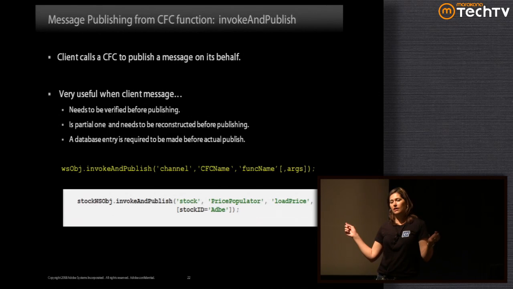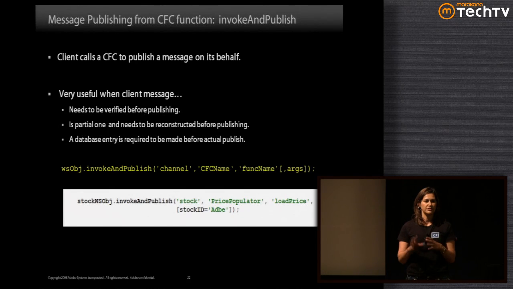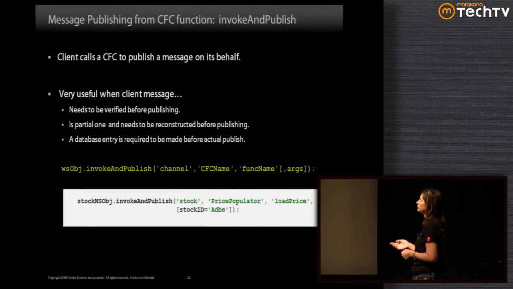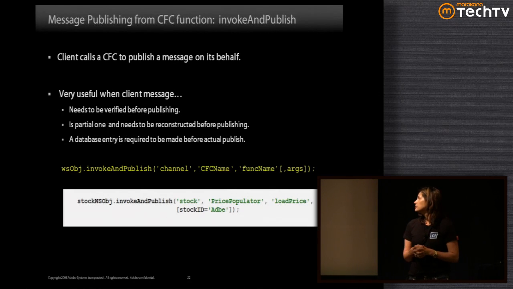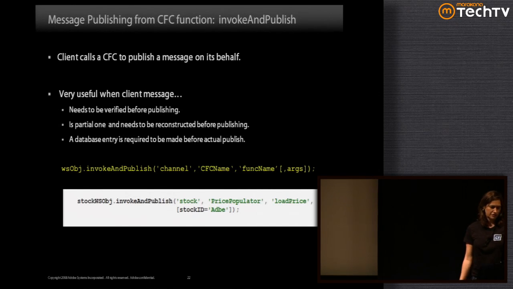You can take queries from different databases, concatenate information, do that processing, and then publish it back to the server. And this gives you the option of doing that via the built-in JavaScript function invoke and publish. So this would be useful for any kind of data manipulation you need to do before somebody sends out or publishes a message out to all the rest of the clients.